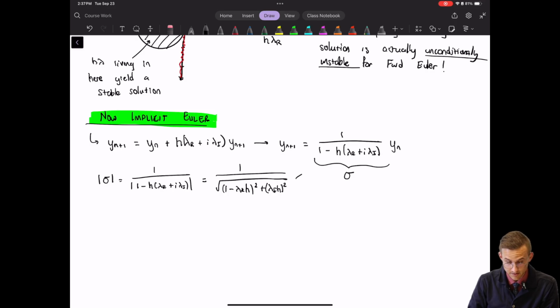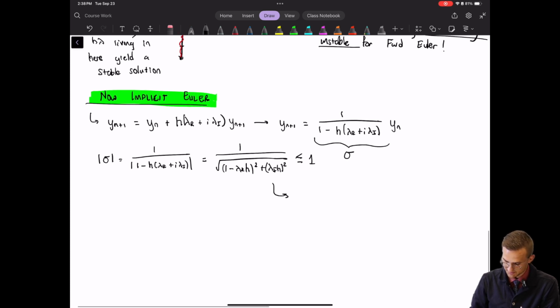That has to be less than or equal to 1. Okay, and then we can rearrange this by multiplying both sides by that denominator and then squaring the result. And we can see that the stability criterion becomes 1 must be less than or equal to the quantity 1 minus h lambda r squared plus h squared lambda I squared.